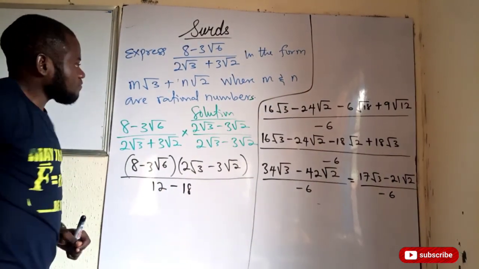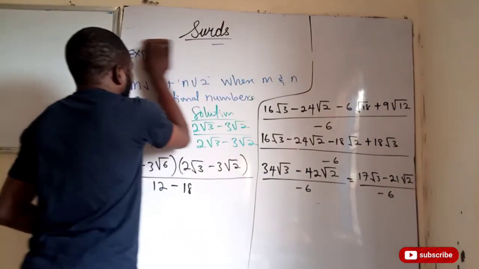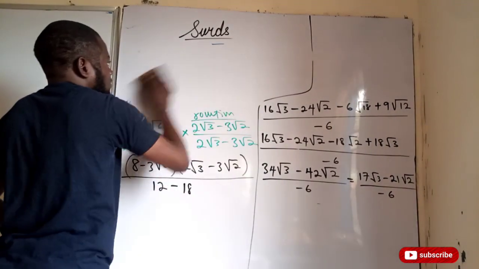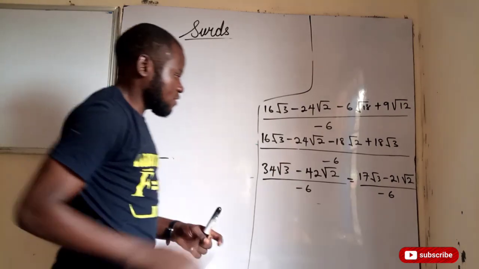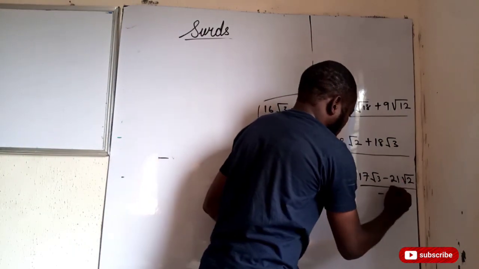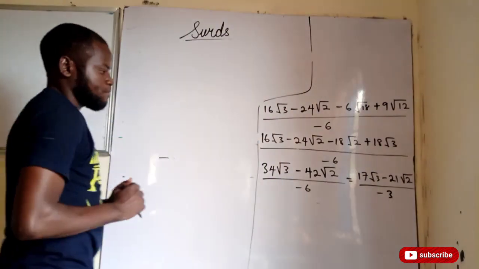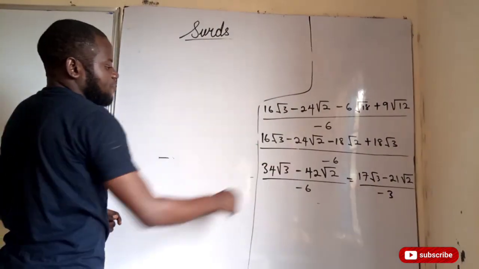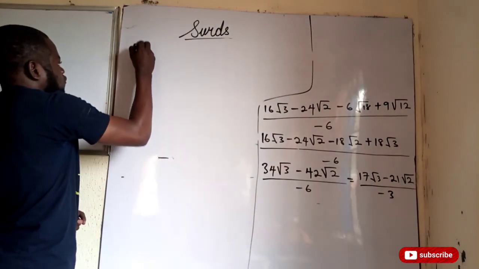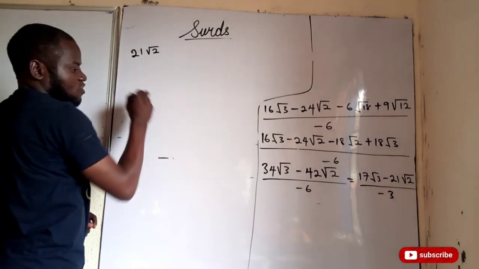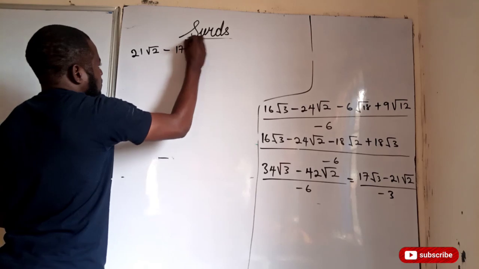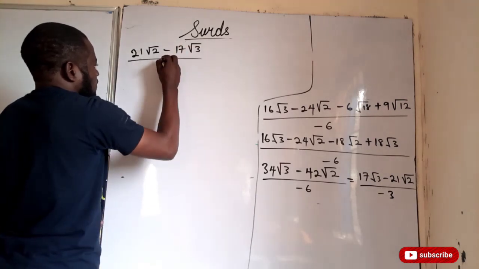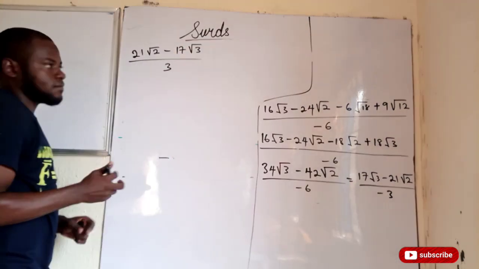Hence, this is going to reduce to 3 because we have divided through by 2. So, multiplying through by the negative, we are going to have 21 root 2 minus 17 root 3 divided by 3.